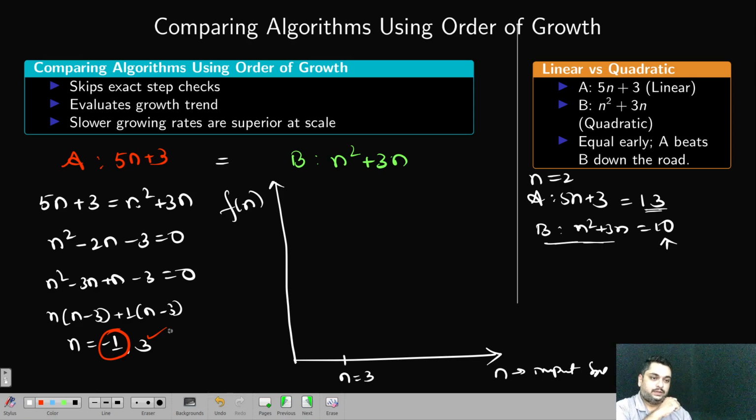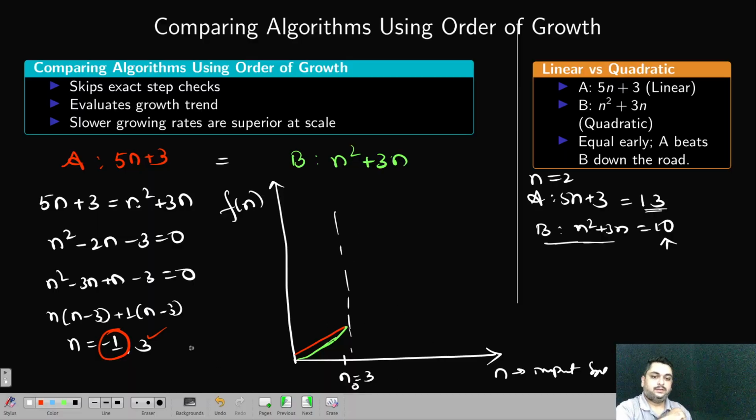So initially, if I draw the curves, red for A, A seems to be above. Then n square seems to be performing well, something like this till this point. This we already saw in the analysis framework. This we call n naught.